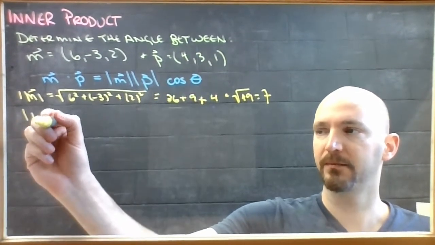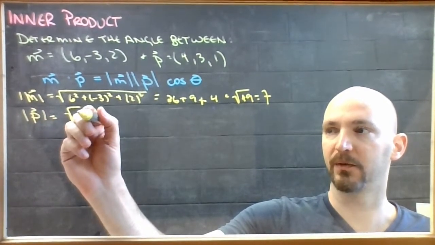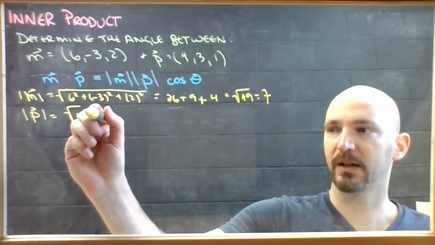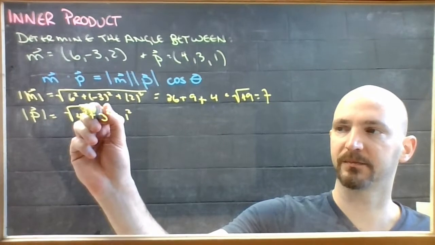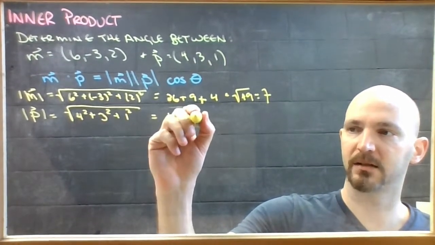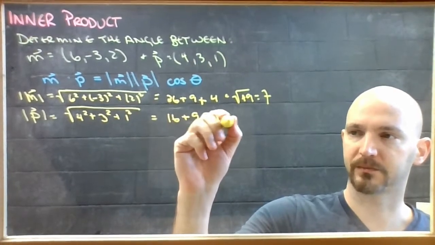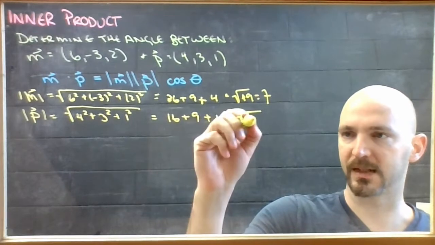The magnitude of p would be the square root of 4 squared plus 3 squared plus 1 squared, which is 16 plus 9 plus 1, should be the square root of 27.